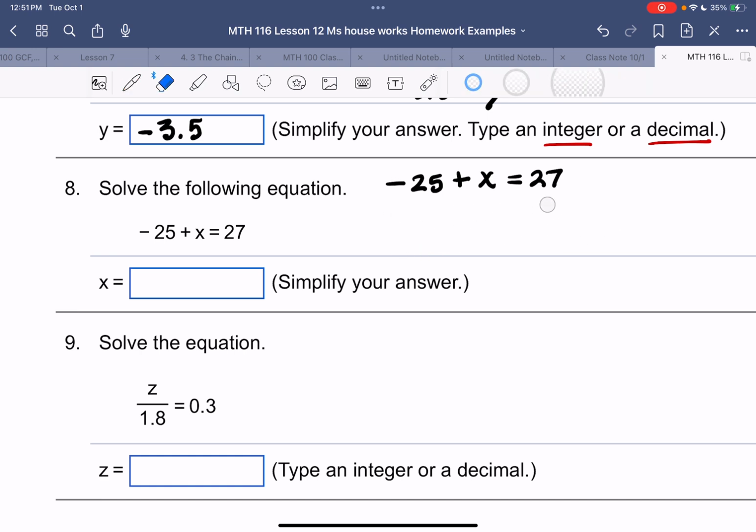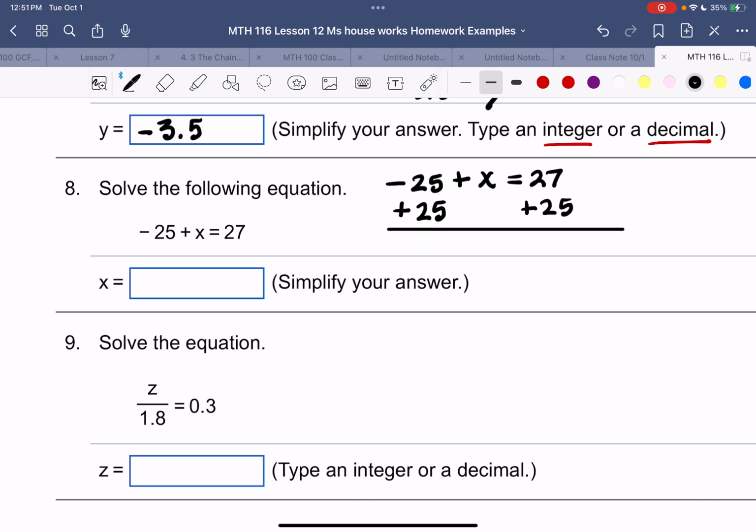I need to do the opposite of that minus 25. So I need to do a plus 25 on both sides. Remember, this negative 25 plus x can be rewritten x minus 25. And that's telling me I need to do a plus 25. So this is going to be a 0. x equals 52.